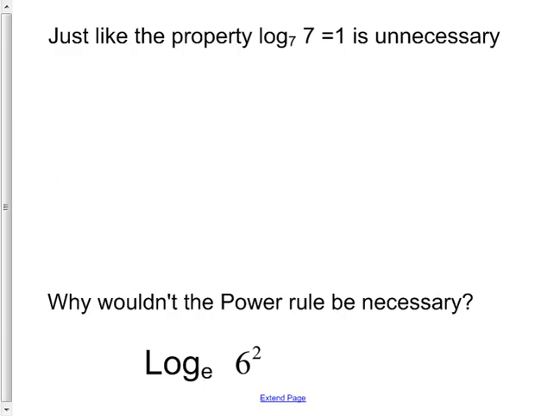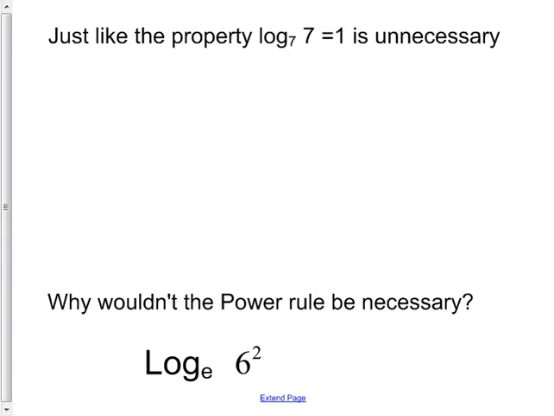Just like this property is unnecessary because there's a property that says if these 2 are the same, the answer is 1. And there's another property that says that if these 2 are the same, then the answer is the exponent. Well, you really don't need both those rules. One of them would have done just fine. If you just said, if these 2 numbers are the same, then the answer is the exponent. The answer is 1. Then you wouldn't even need that other rule.